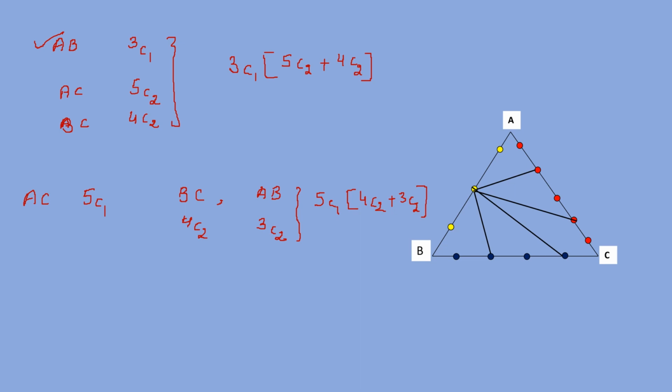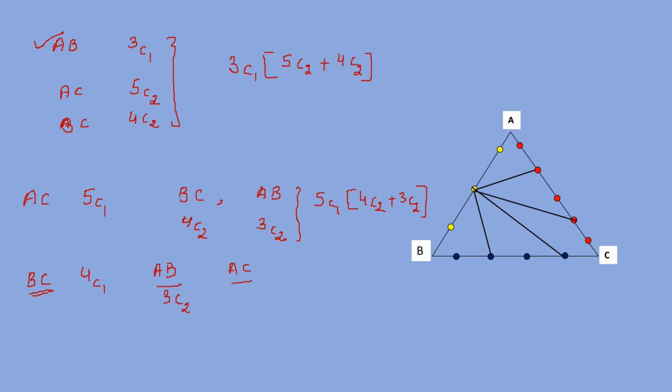Similarly, if you fix BC now and choose one point from here, then you have 4C1 choices and 2 points from the other sides. It means you can choose 2 points from AB and 2 points from AC. If you choose 2 points from AB, you have 3C2 choices.